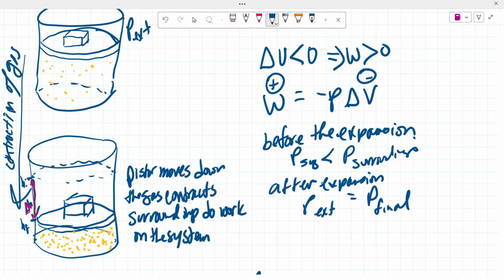So the idea is you're capturing the system in the instant before something happens, and you put a weight on it and it goes down, right? These pictures are always a little bit misleading because they don't really show the time of the event. So the instant before this picture here, the external pressure would be equal to the internal pressure. And then you put a heavy box on top.